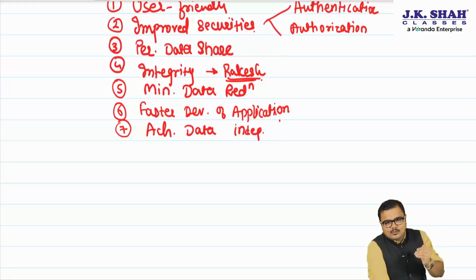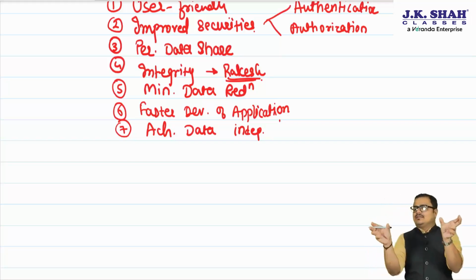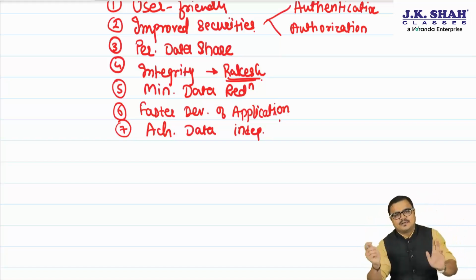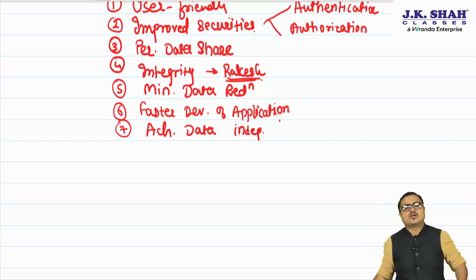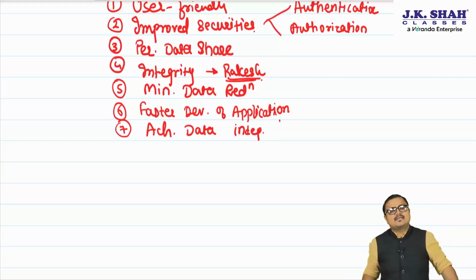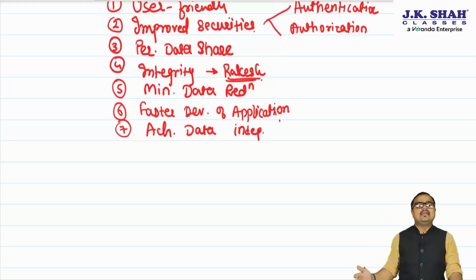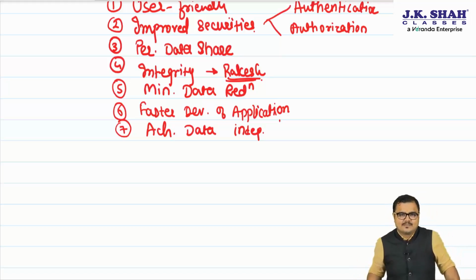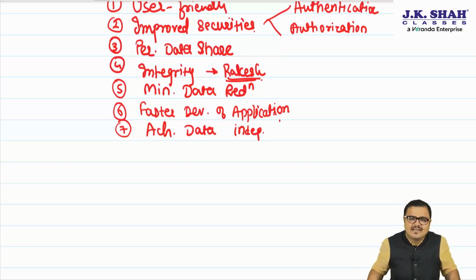Like on my computer, if I uninstall Microsoft Office, it means my Word, Excel, PowerPoint documents are not deleted. So data is different and the application that manages this data is different. Example: when you uninstall WhatsApp from your phone, it does not delete all the data of WhatsApp. Only the application gets deleted. So application is different and database is different. Am I very clear to you?